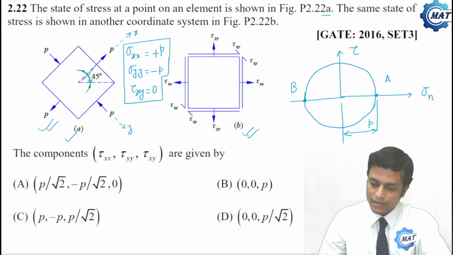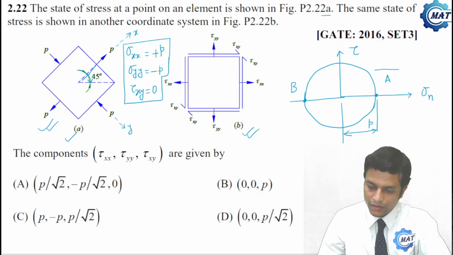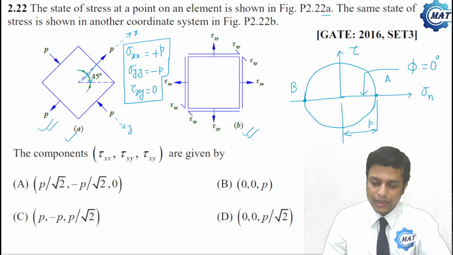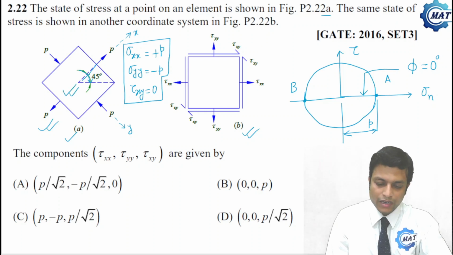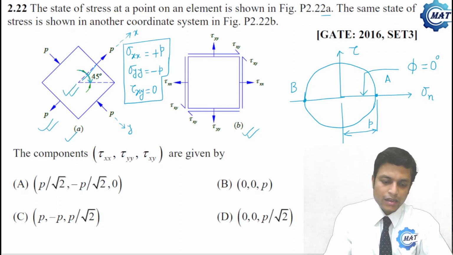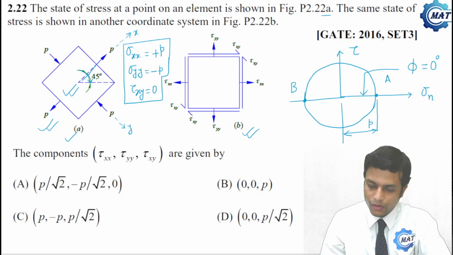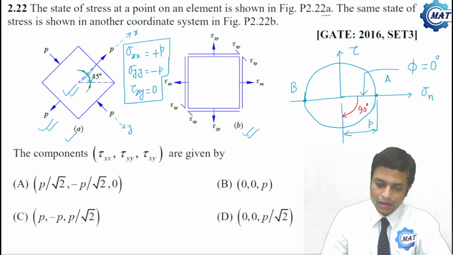Where phi is 0 degrees, if we rotate this plane by 45 degrees, in the Mohr circle it will be rotated by 90 degrees, clockwise, so it will come here.